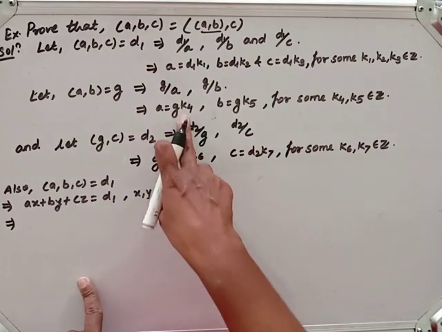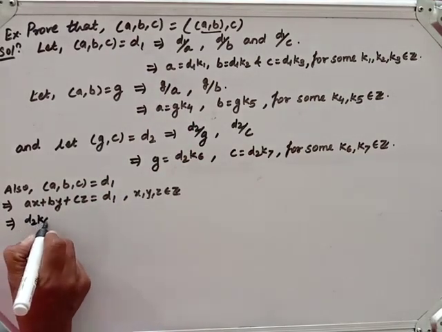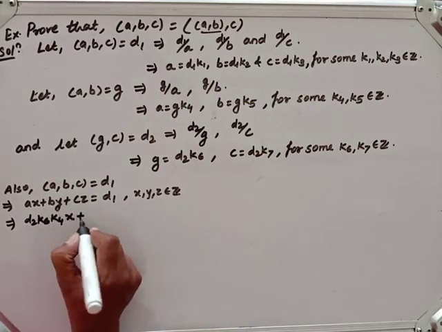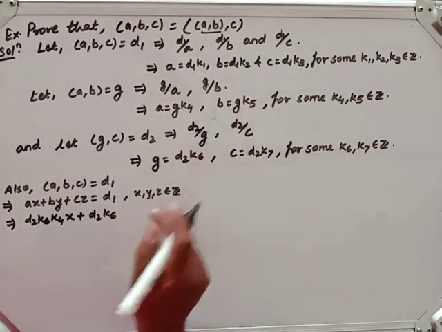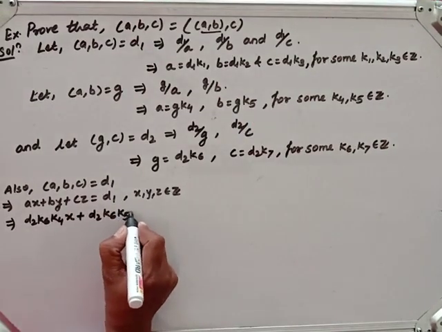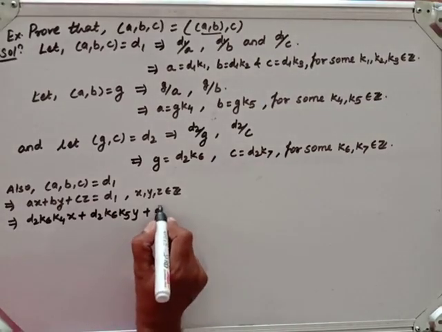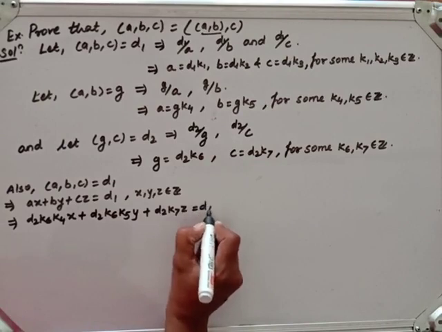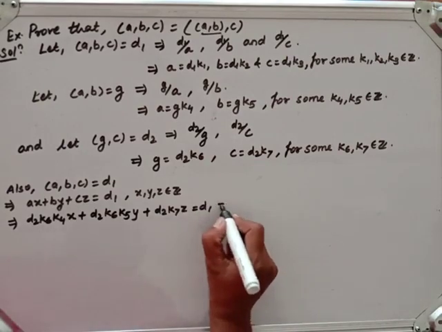G is D2 K6. So it can be written as D2 K6 K4 into X plus D2 K6 K5 into Y plus, C is D2 K7 Z, is equal to D1.